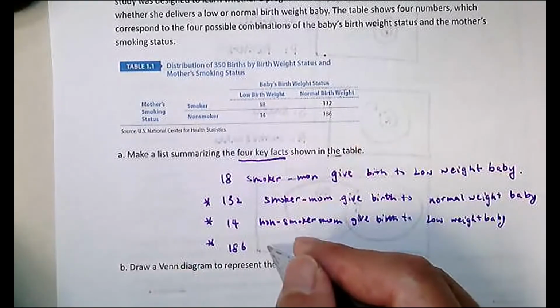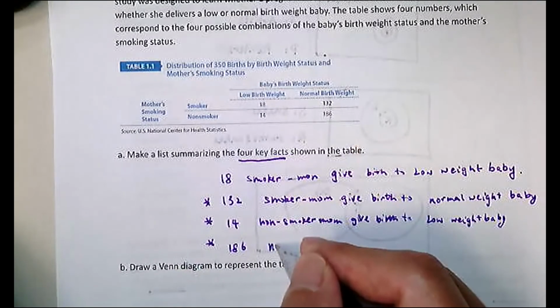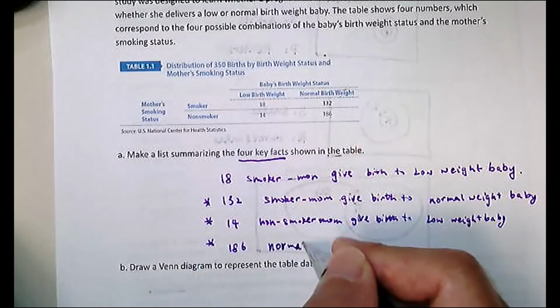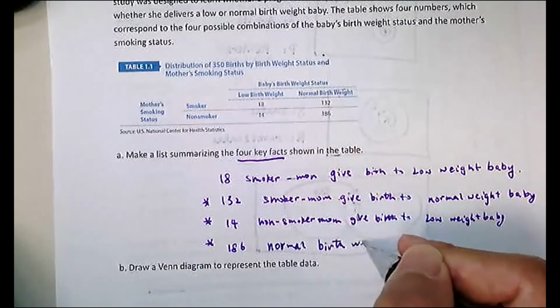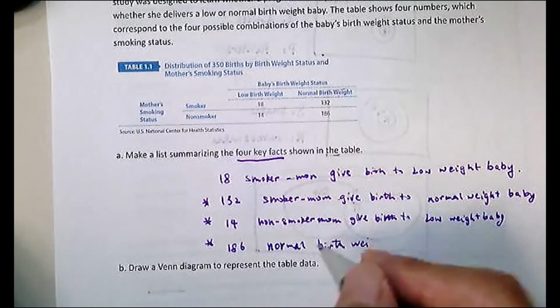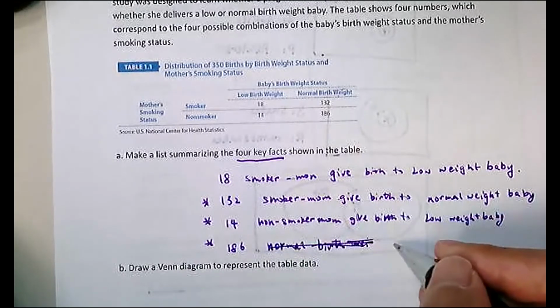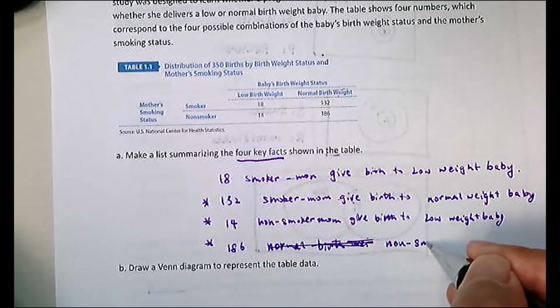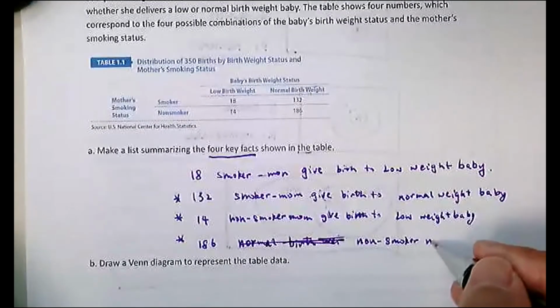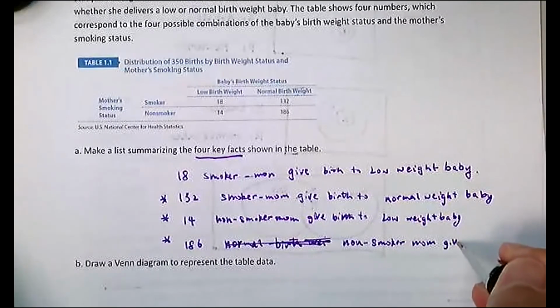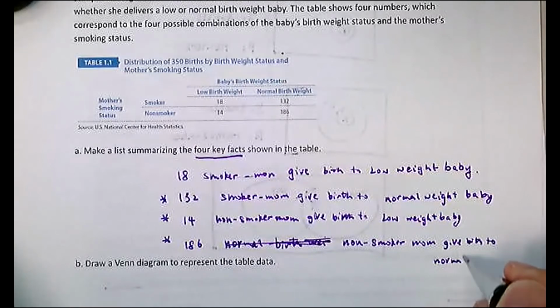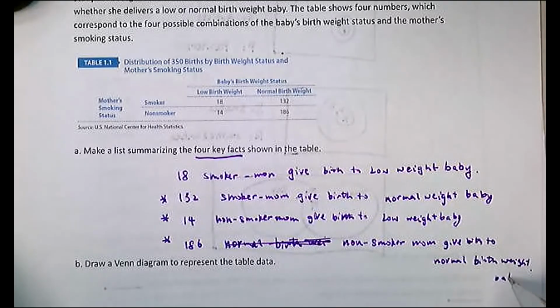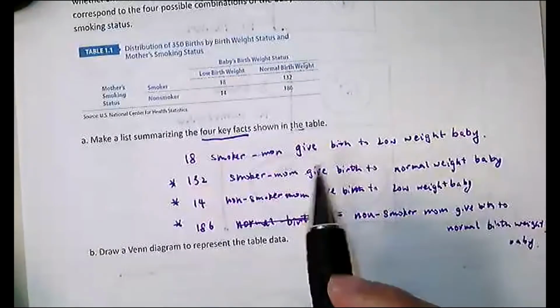That means 186 normal birth, 106 non-smoker moms give birth to, sorry for my handwriting, normal birth weight babies. Okay, that's it. Any question on this part?